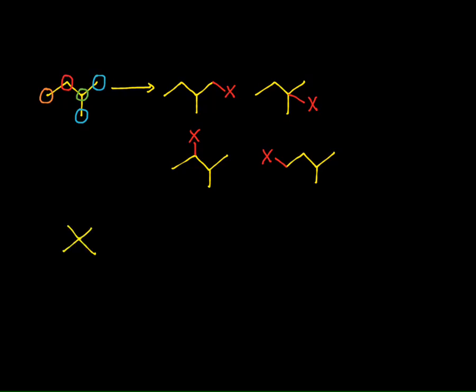How many do I get with neopentane? Well, with neopentane, there are 2 different types of carbons. We have the 4 methyl groups, and then we have this quaternary carbon. Now, the quaternary carbon has no hydrogens, right? It's quaternary. Notice the spelling. And because it has no hydrogens, you can't replace it with X. And therefore, you can only replace one of the methyl hydrogens, and so you get only 1 derivative out of that.